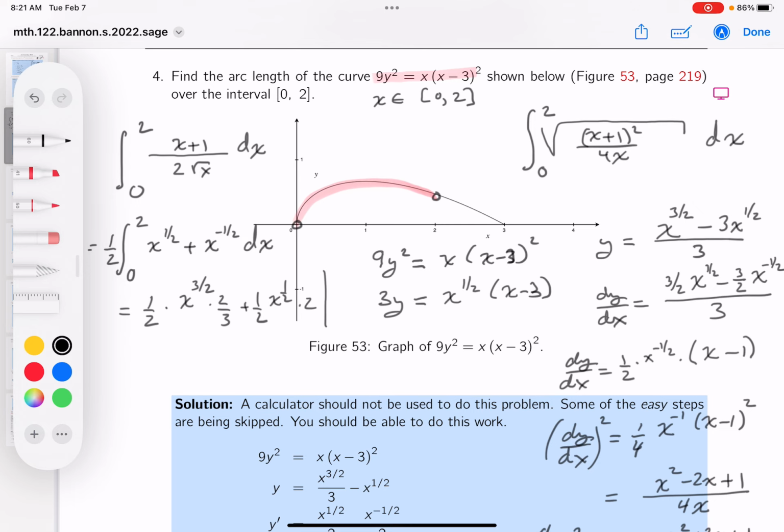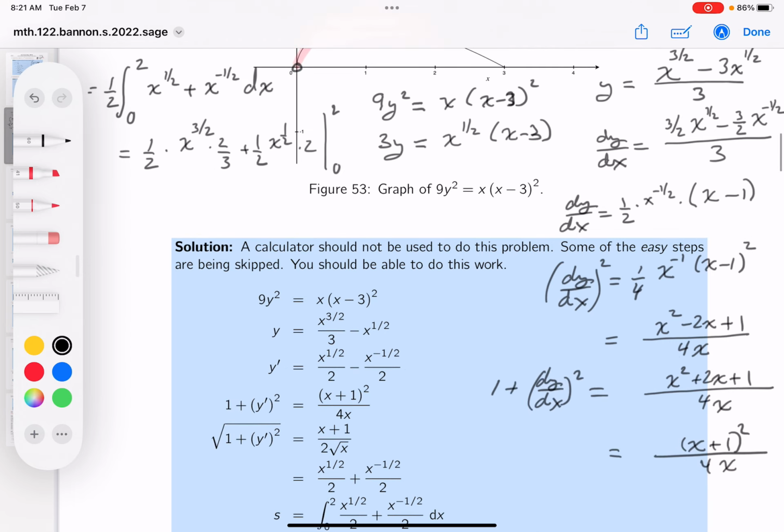Limits of integration again are going from 0 to 2. All right, let's take a look. One step at a time, I'm seeing 1/3. And x to the 3/2 is just simply x root x. And then I get plus just the root of x. And that's going to be from 0 to 2.